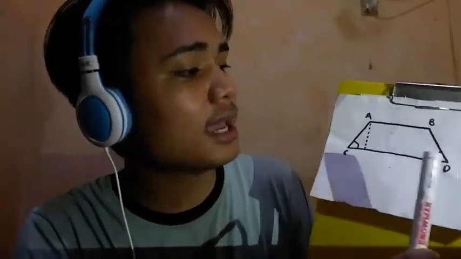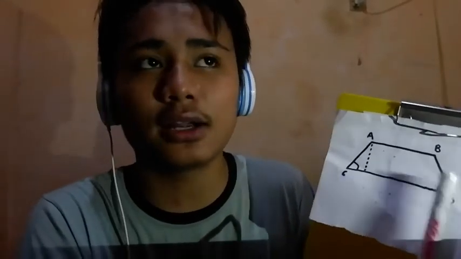If two base angles of a trapezoid are congruent, the trapezoid is an isosceles trapezoid. So if we find a trapezoid whose base angles are congruent, we must believe that it is an isosceles trapezoid.